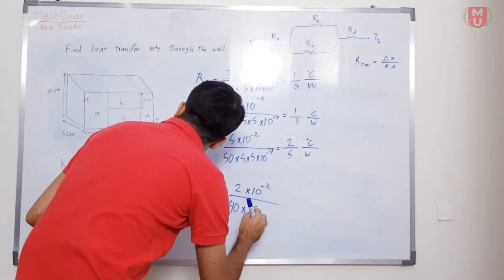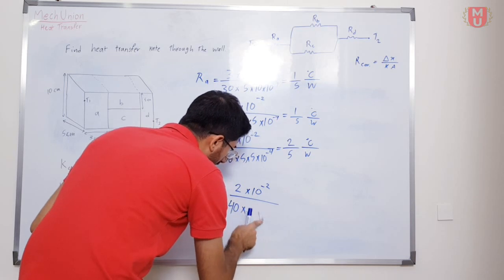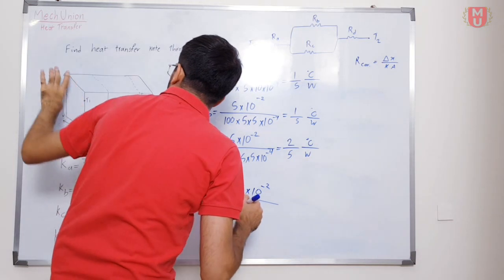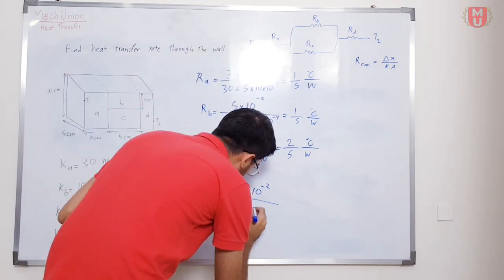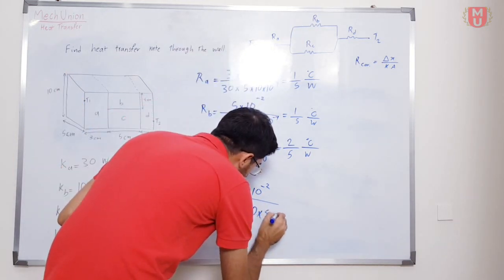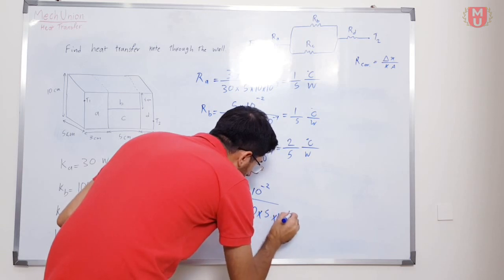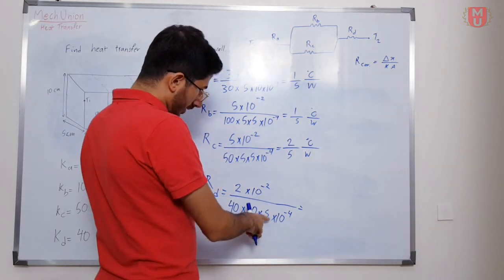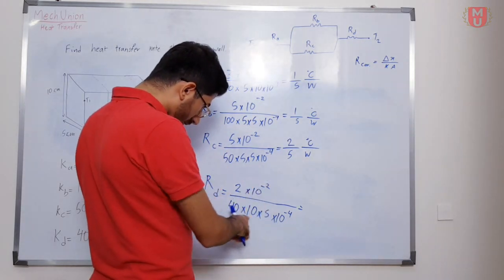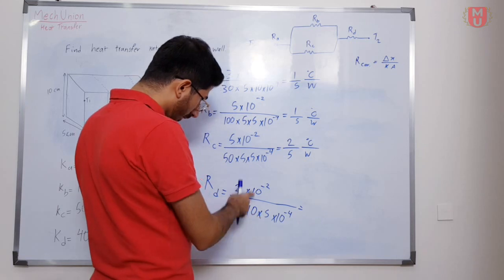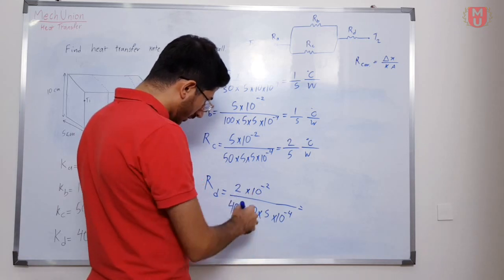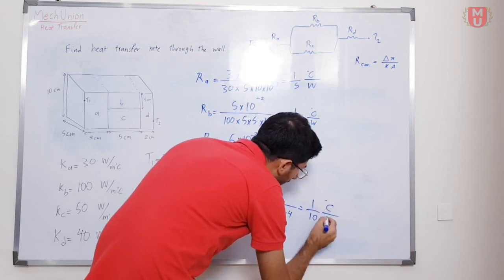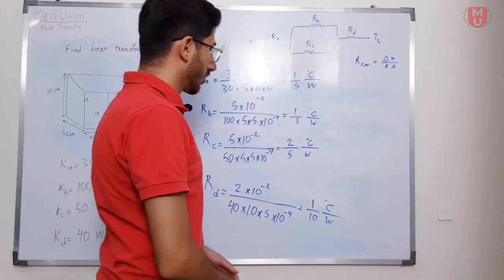Oh, excuse me, 10 times 5. 10 there, 5 times minus 4. Again, if we cancel this, minus 2, we get 1 over 10 degree Celsius over watt.